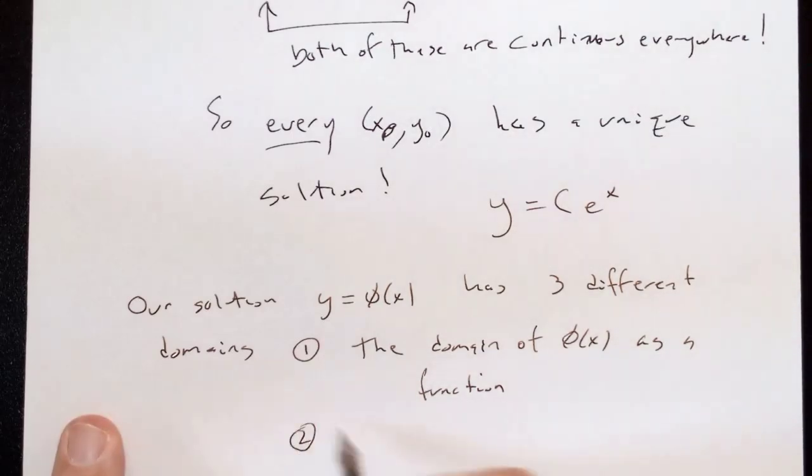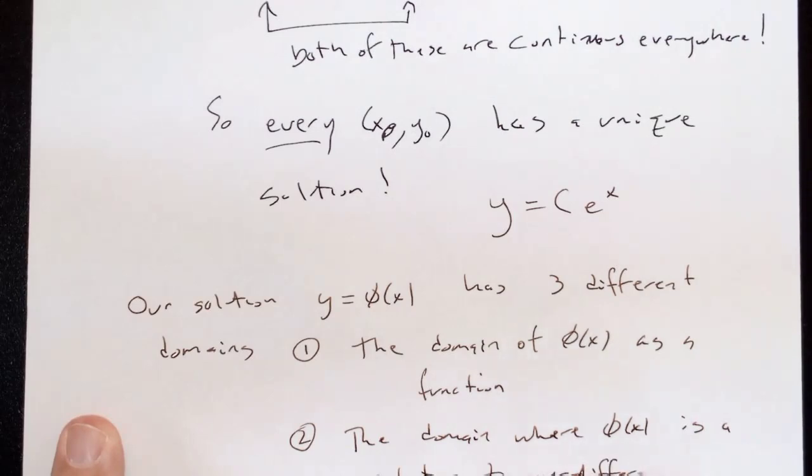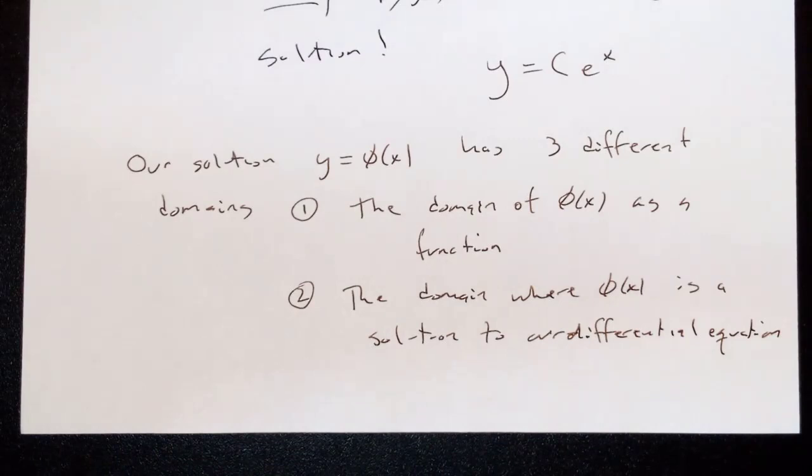Then we can look at the domain where our function is a solution to our differential equation. And then we can say the interval where we go through the point in question.